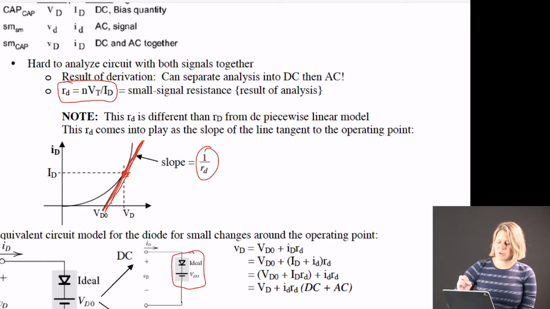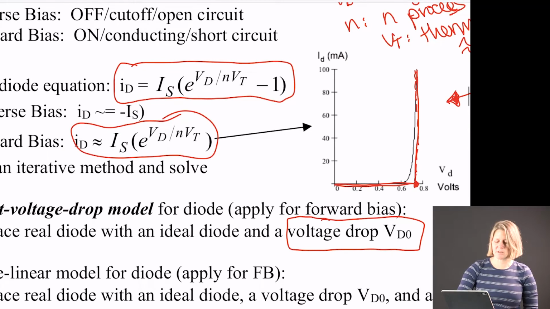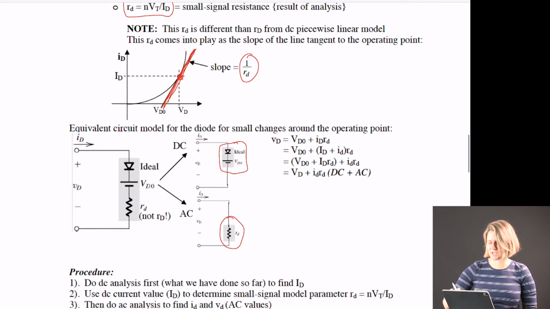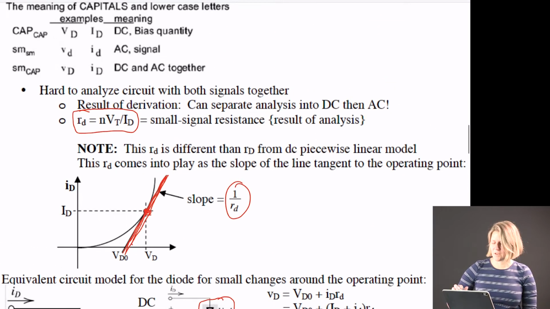And so this number can be calculated by the NVT over ID. So if we look back at this equation, we take the derivative of this, and then the exponential, these numbers come down, and that's where the 1 over RD comes from, is that NVT over ID.